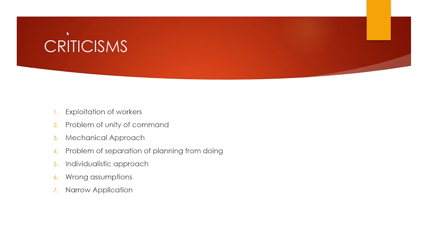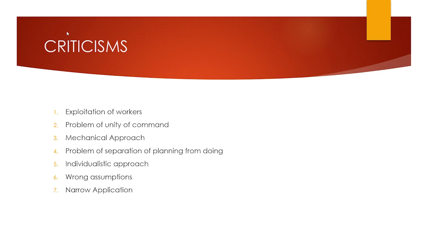Third one is mechanical approach. Taylor gave too much importance to efficiency, but he did not consider the human element. He considered workers as machines, which could speed up the work at any cost, just like a robot.